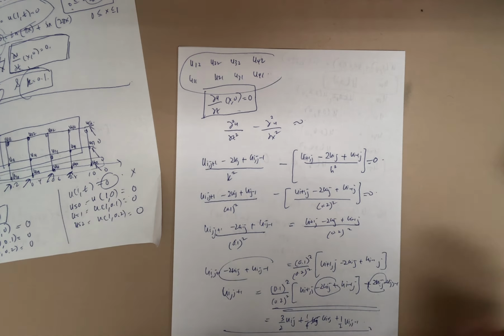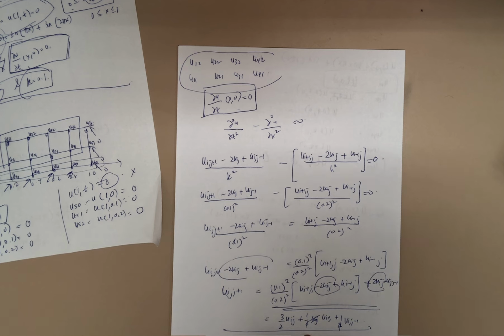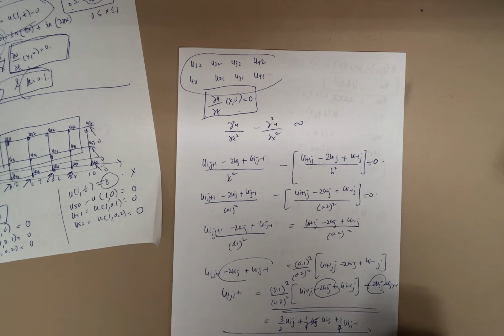I repeat again: the equation that you should get is u_{i,j+1} is equal to 3 over 2 u_{i,j}, and then both are 1 over 4, sorry, 1 over 4 u_{i-1,j}. Sorry class, this is u_{i-1,j}.